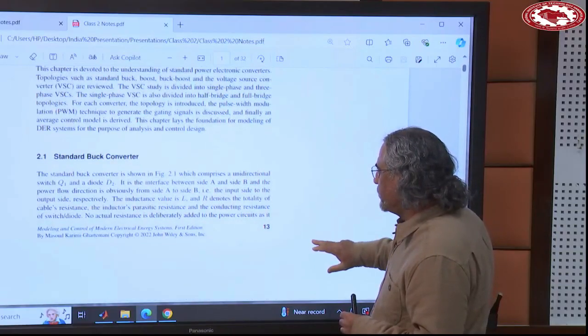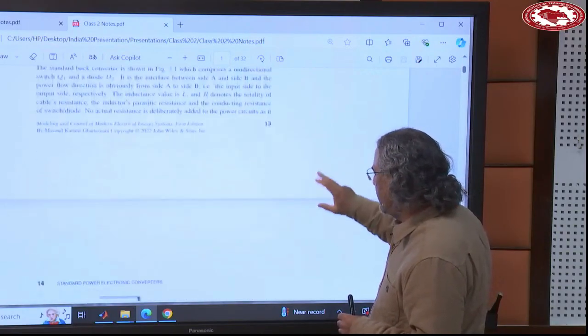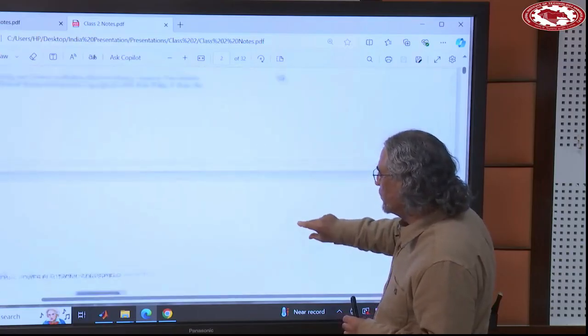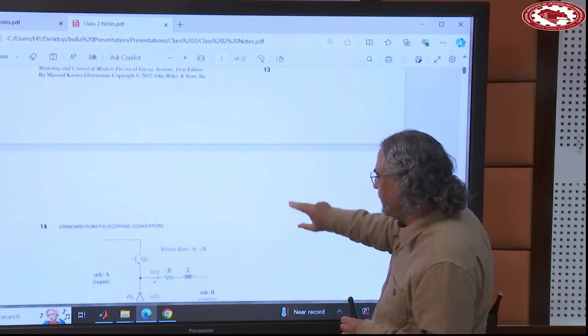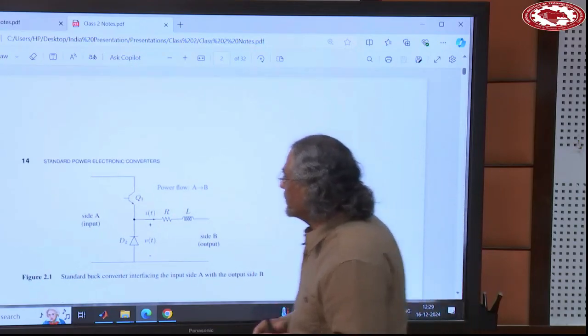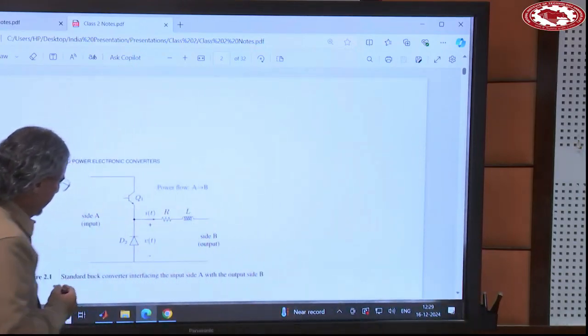So the simplest one, which almost every standard course in power electronics starts with, is this one. This is called the standard buck converter.